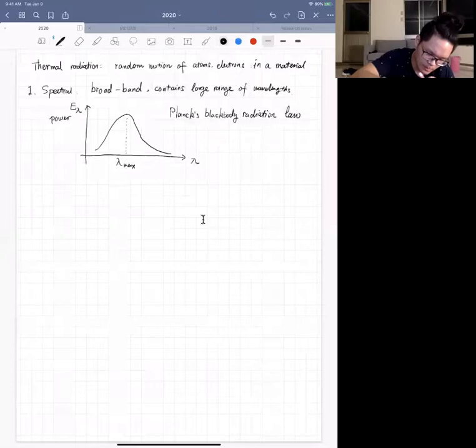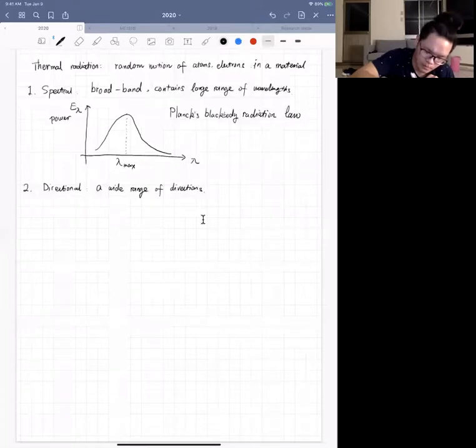The second feature, again because of the randomness, is that thermal radiation is also directional. Thermal radiation comes in a wide range of directions.